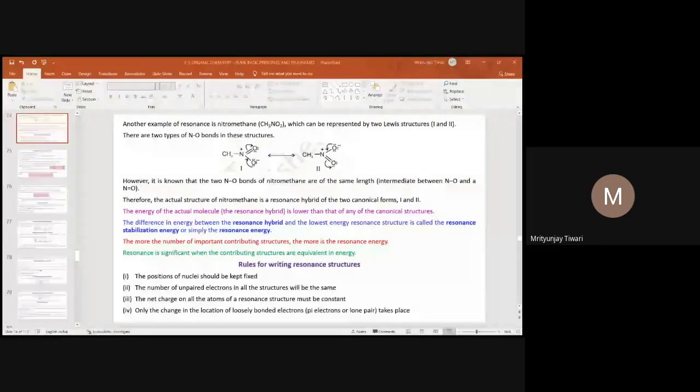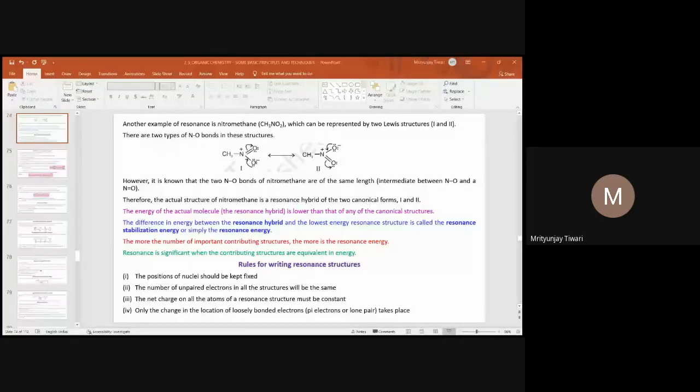Even if you do not see any difference, then we look for the structure with more dispersal of charges. In which structure is the charge more dispersed? If there is a positive charge at one center of the molecule, we see in which structure there is more possibility of dispersal of this positive charge, and likewise for a negative charge.